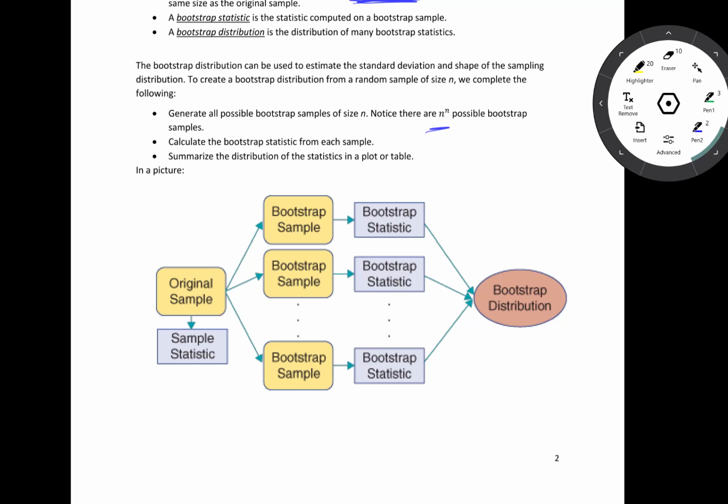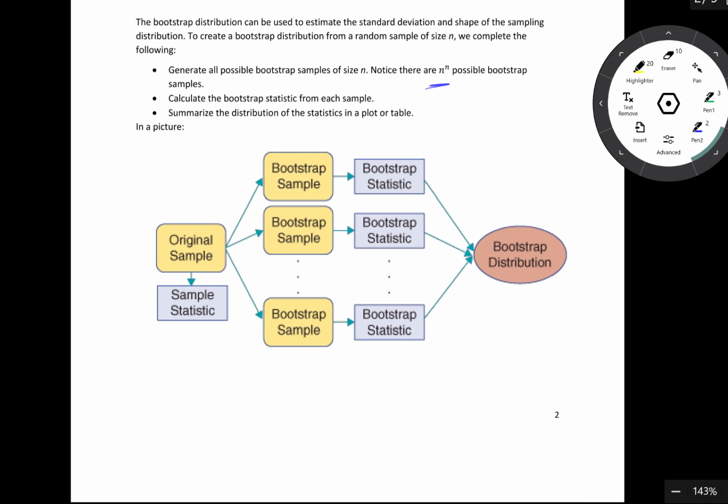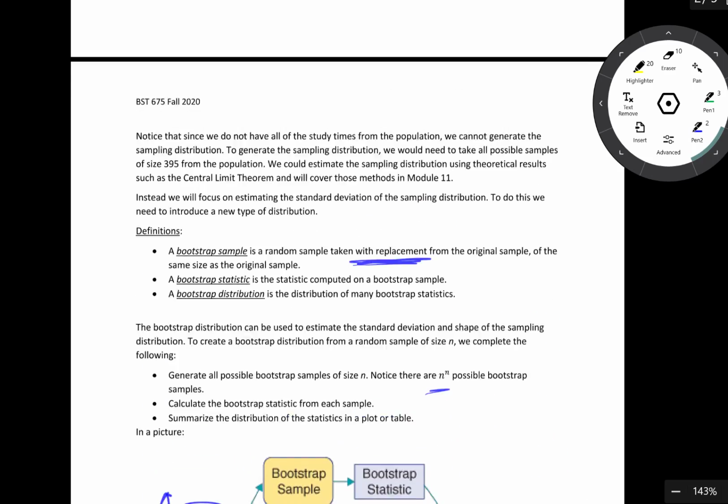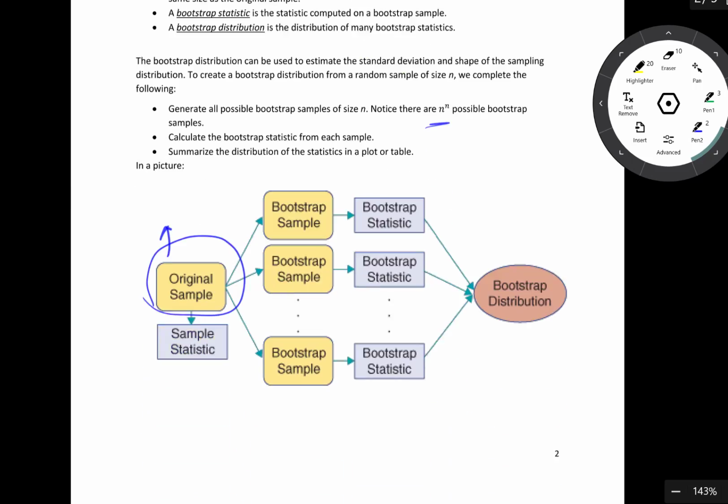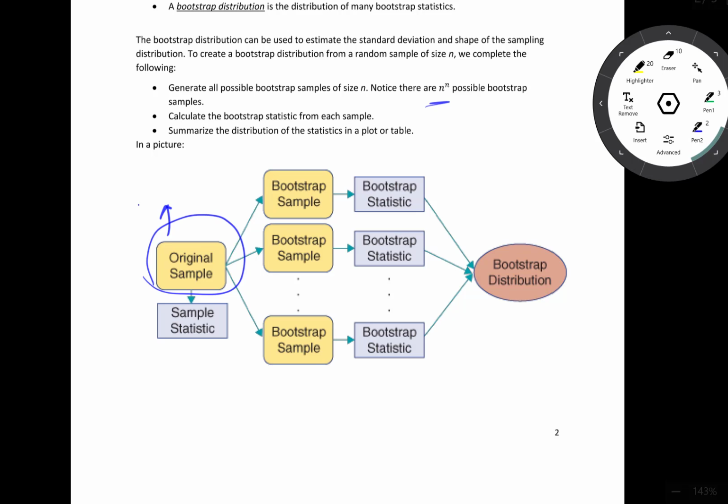So in a picture summarizing what we just saw, we start out with our original sample. In terms of our example, remember that we had this sample of 395 students. Our original sample statistic was x bar, which was equal to 2.04, the average study hours for that sample of 395 students.